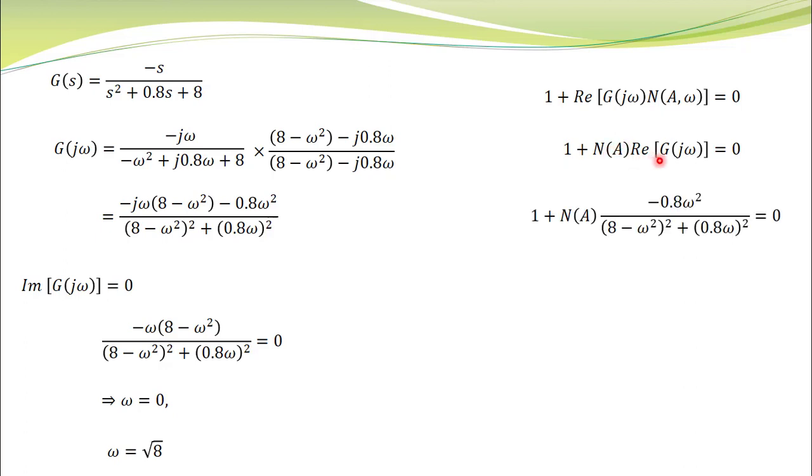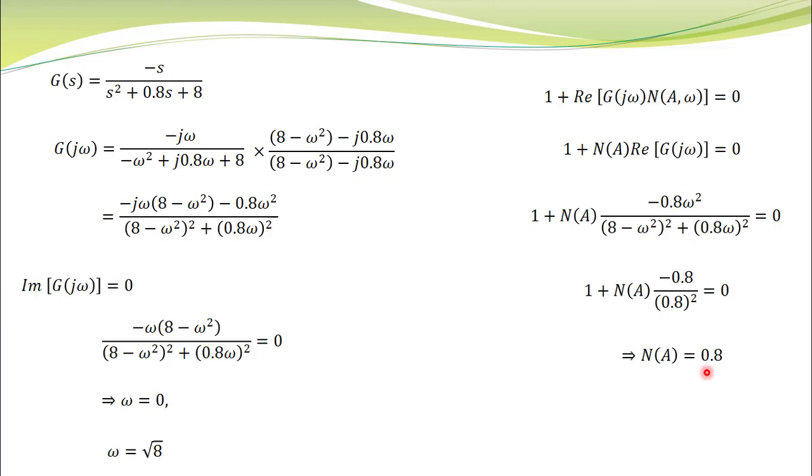By substituting the real part of G of j omega over here, read from this expression, and then omega square equal to 8, we substitute that value of omega over here to get this expression, and then we get N of A equal to 0.8.